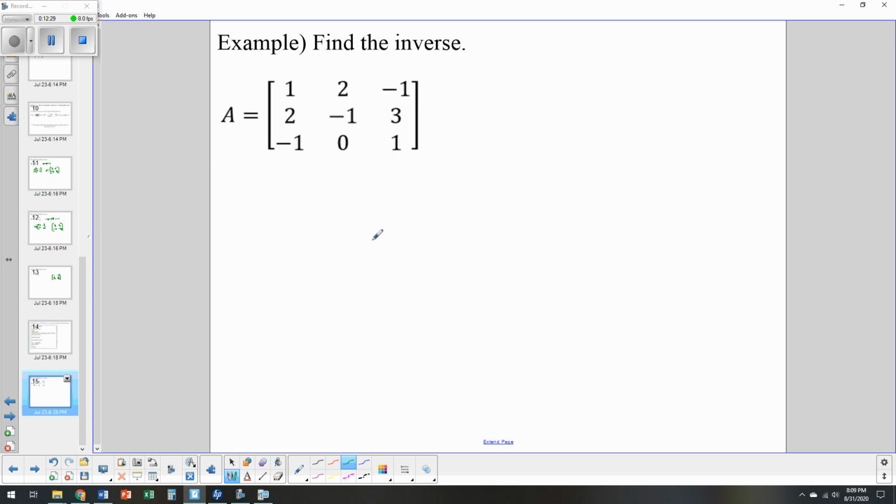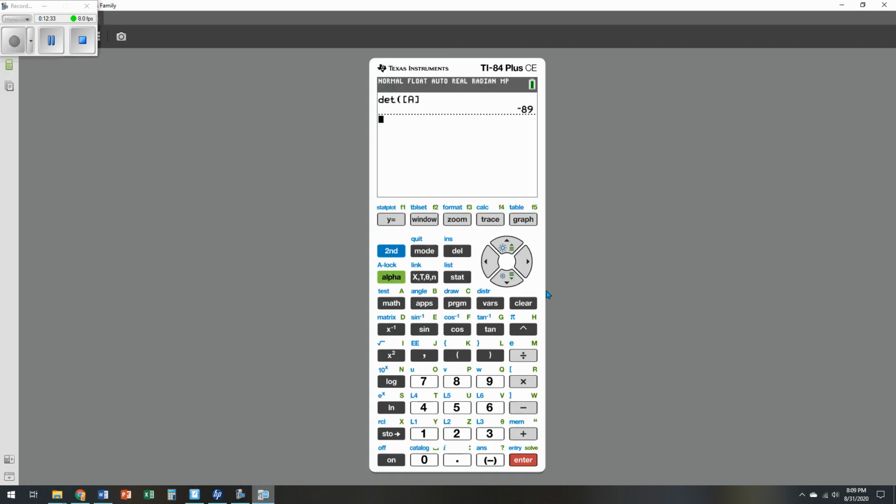All right, so I'm going to go into my graphing calculator, clear all that out. So I'm going to go into the matrix screen. I'm going to edit that same 3 by 3 one I had before. So now my entries, we have 1, 2, negative 1, 2, negative 1, 3, negative 1, 0, 1.